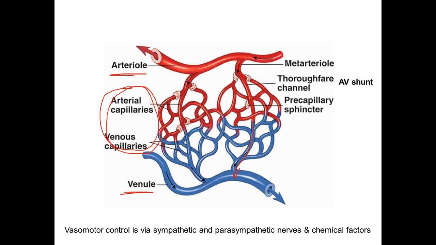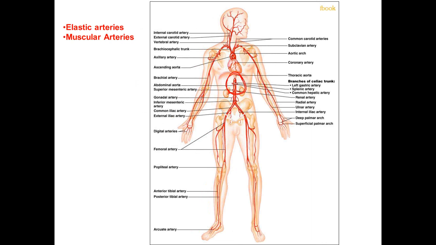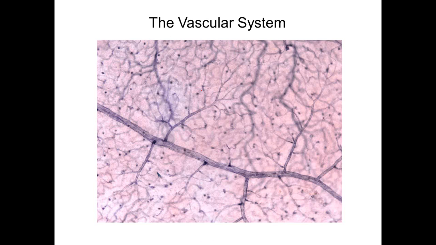Now that picture I showed you right at the beginning of the vascular system, and I'm going to go back to it now, is quite important. Because what this shows you, and it shows you really neatly, and this is why it's one of my favourite pictures, is, look here, here, here, and there's another one.